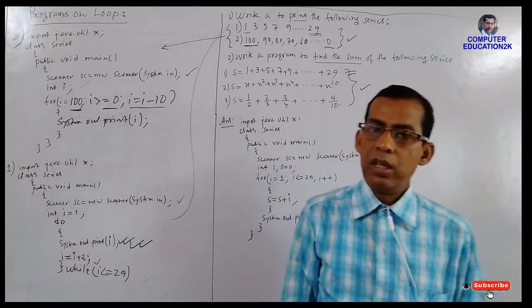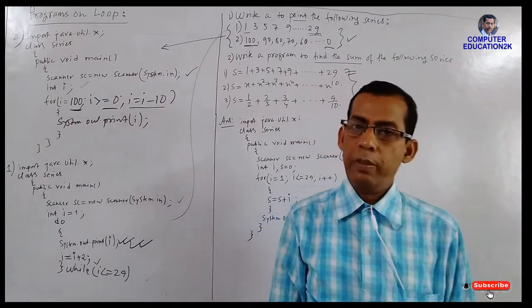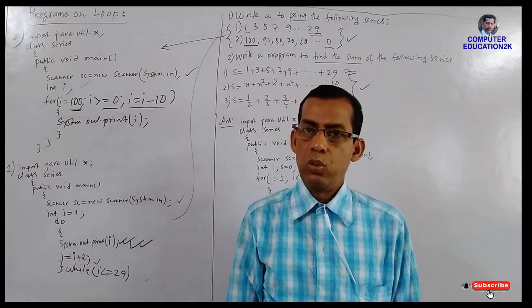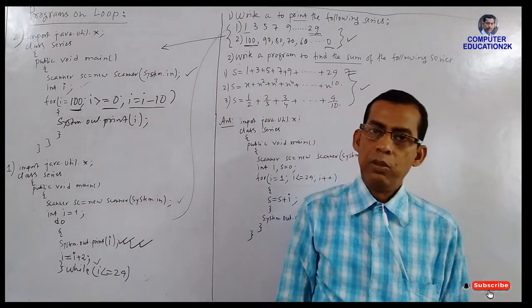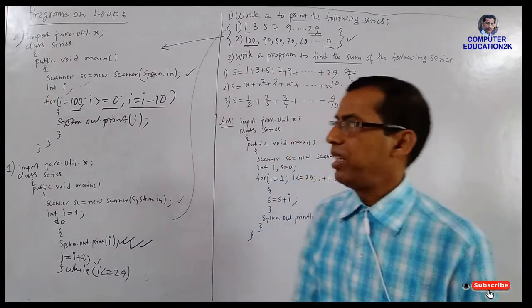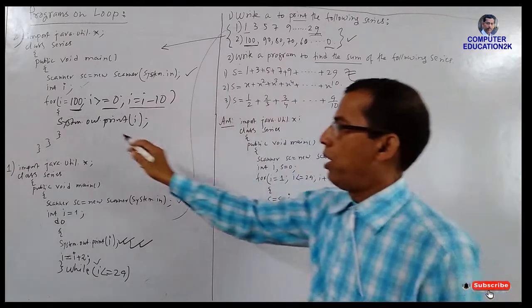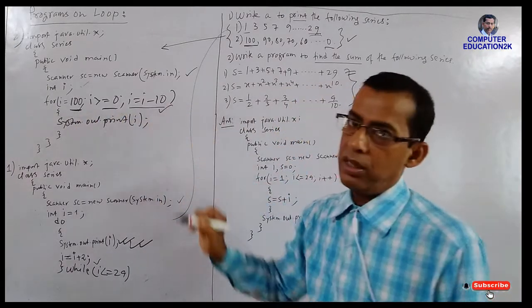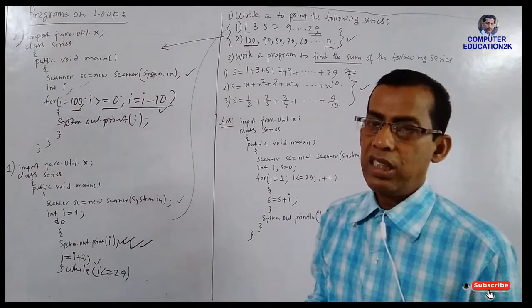If it decreases by 1, you just write I minus minus. If it decreases by 2, you write I equals to I minus 2. If it decreases by 5, you write I equals to I minus 5. But it is decreasing by 10, so I will write I equals to I minus 10.